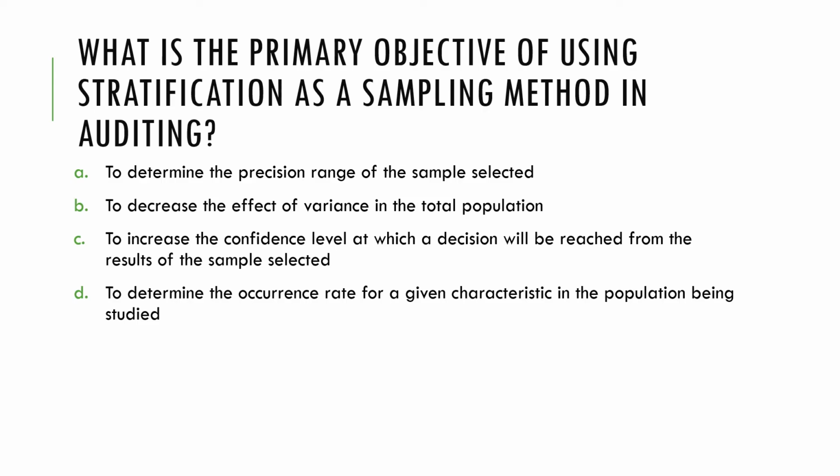Next, what is the primary objective of using stratification as a sampling method in auditing? Letter A would say to determine the precision range of the sample selected, or B, decrease the effect of variance in the total population, or C, increase the confidence level at which a decision will be reached from the results of the sample selected, or D, determine the occurrence rate for a given characteristic in the population being studied. Now, we have talked at length about stratification, and we know that it is intended to decrease the effect of variance.